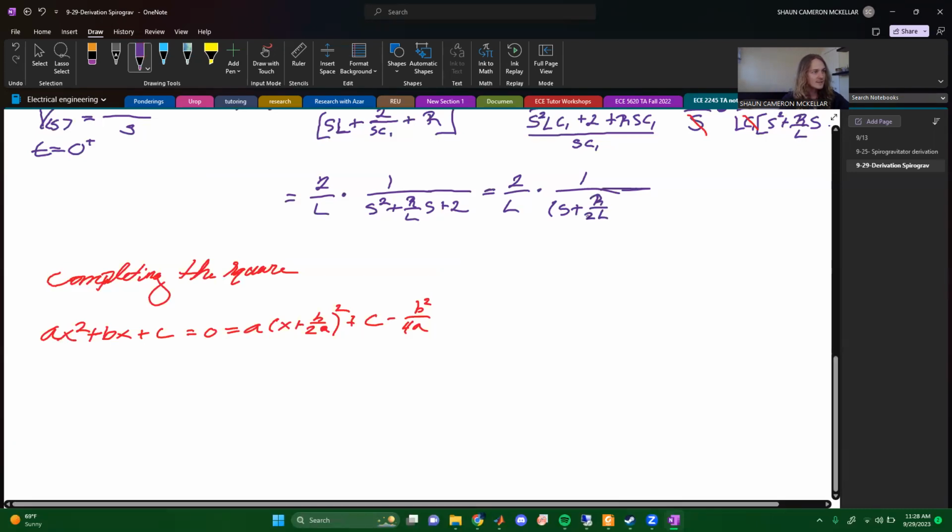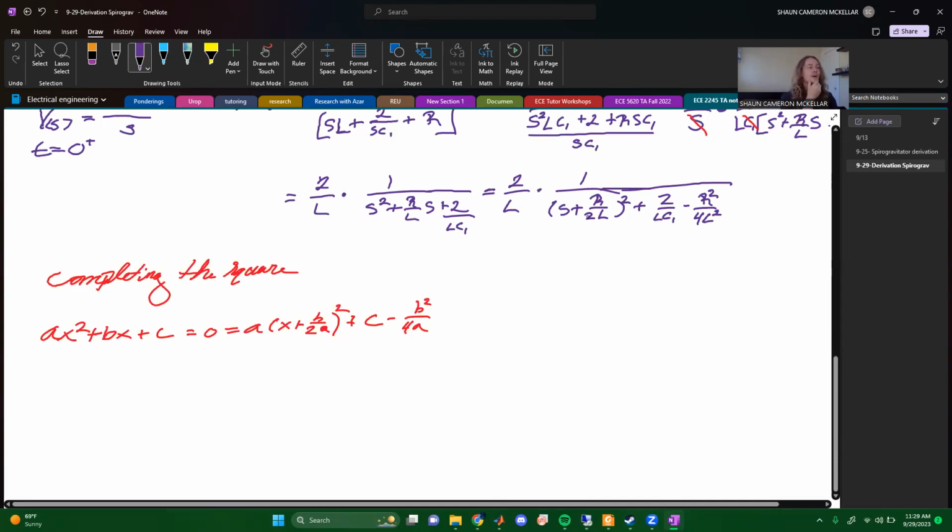And then A is 1 again, so that's all squared. Plus C here. Oh, I forgot to carry the 2 over LC. So C is 2 over LC1 minus B squared, which would be R squared over L squared. So then this term is R squared over 4L squared. And that's my new denominator.